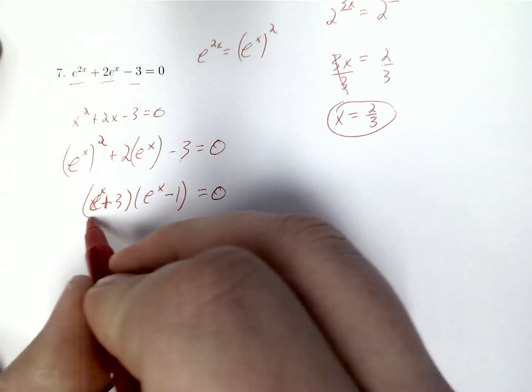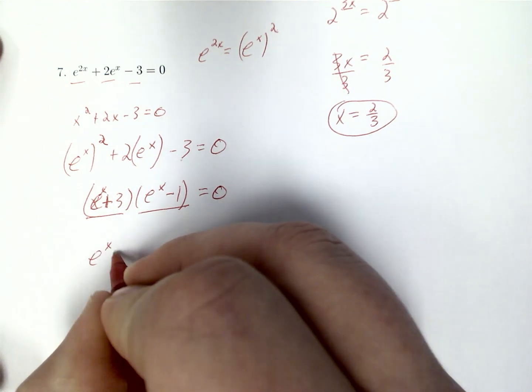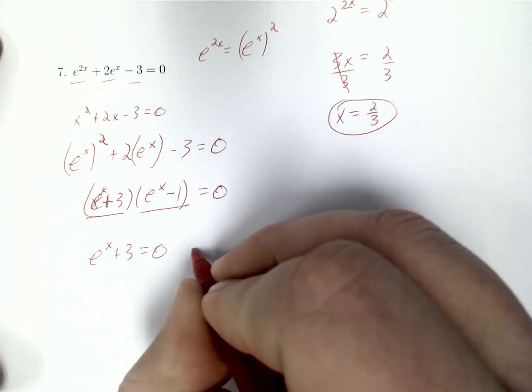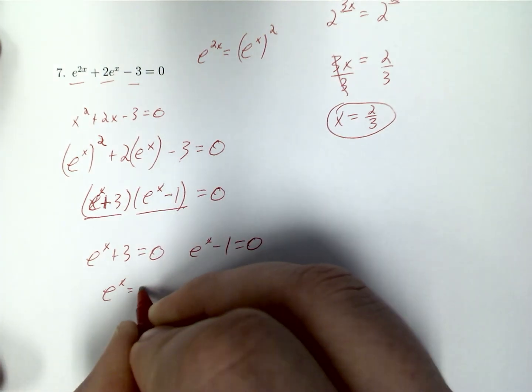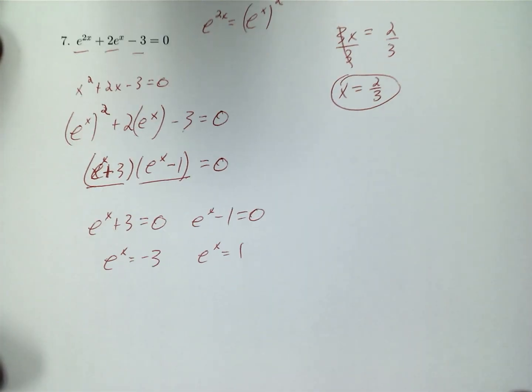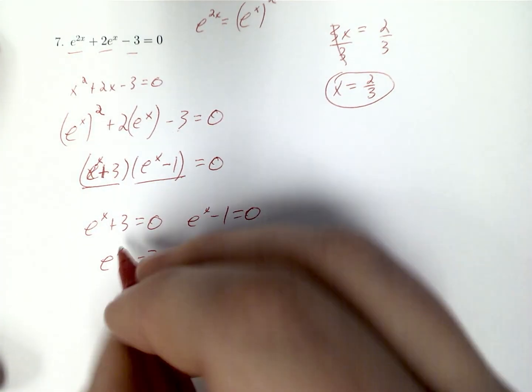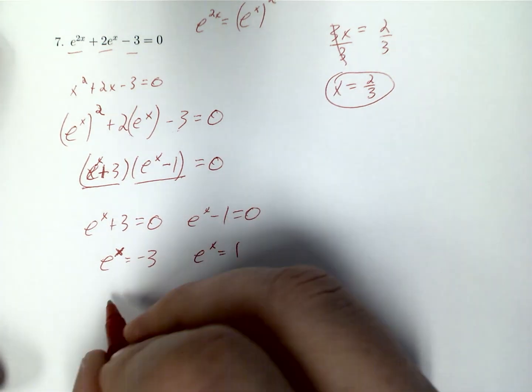Now we have two factors that multiply to be 0, so we set each of these factors equal to 0. Then e to the x equals -3, and e to the x equals 1.